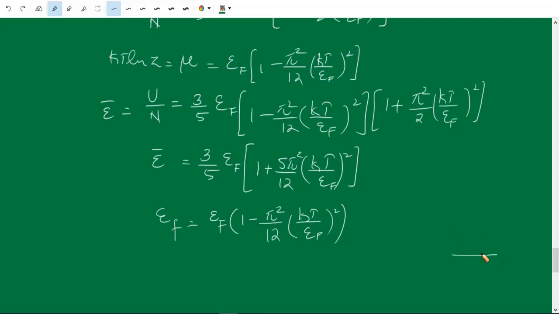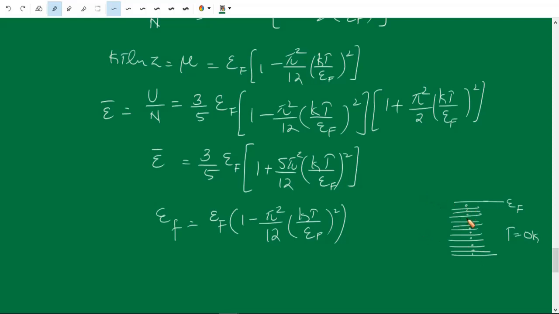So we can physically explain using this diagram. Okay, so there are many energy levels. This topmost energy level is called EF at T equal to 0 Kelvin. At T equal to 0 Kelvin, all the states are occupied with a particle. So that's why this is called Fermi energy.